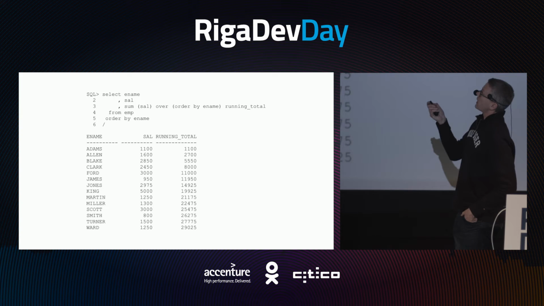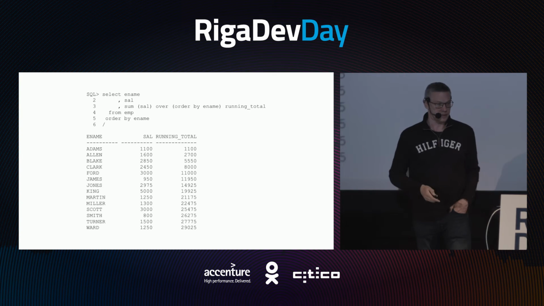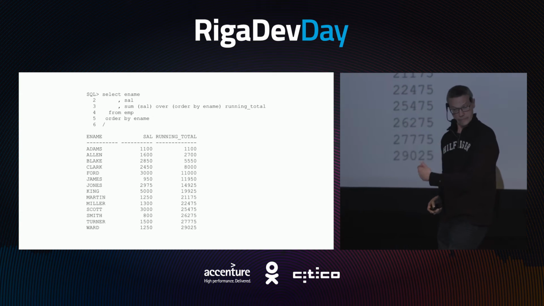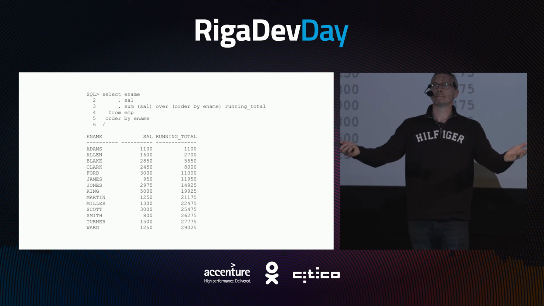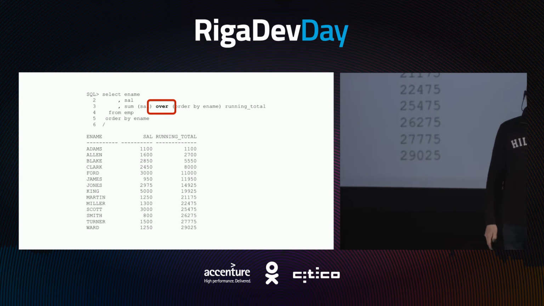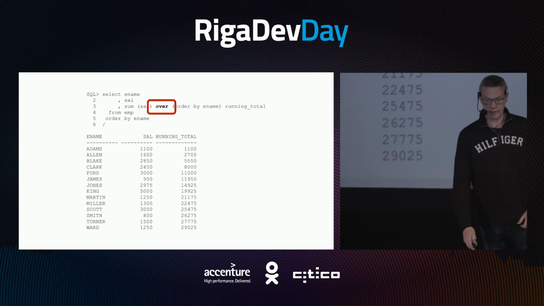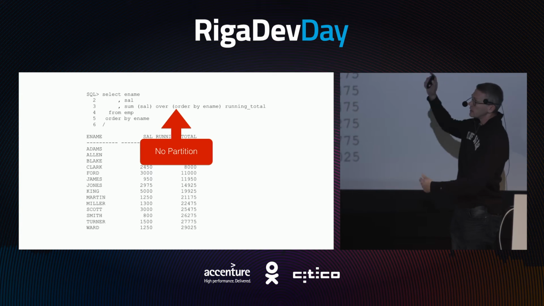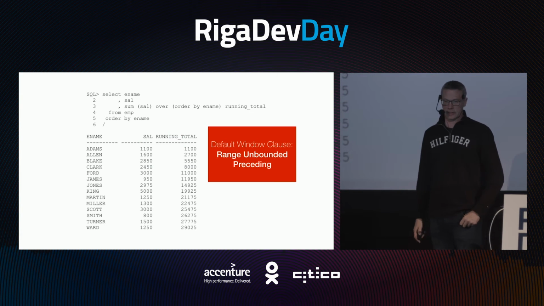So the summary of the salary, we ordered by the e-name. We're dealing with an analytic function because of over. So the over, we have an analytic function. We don't have a partition, so the whole thing is a partition.